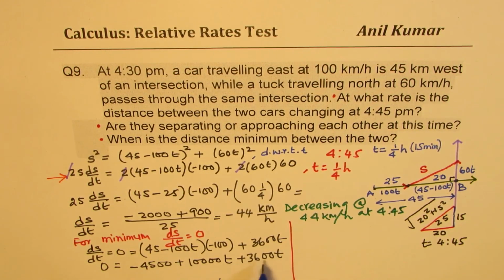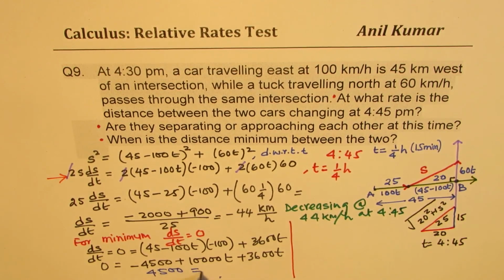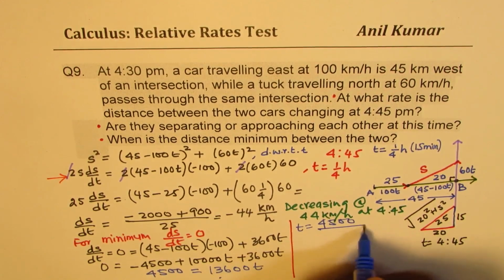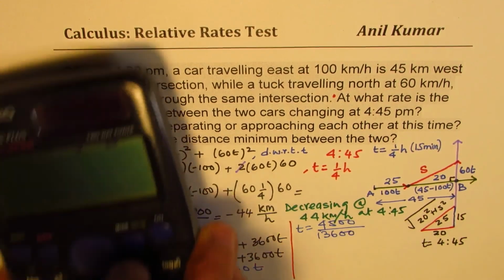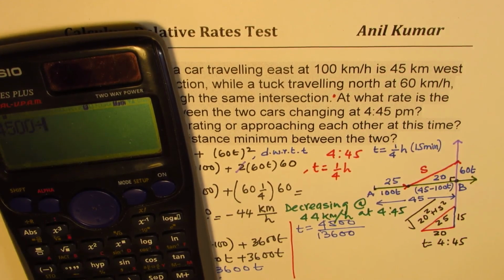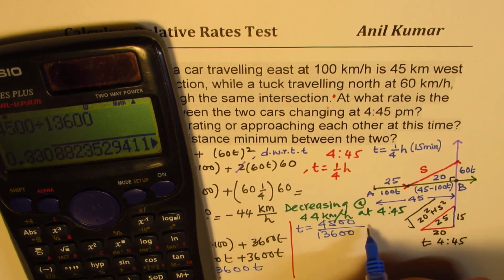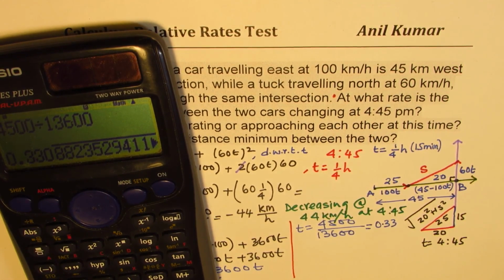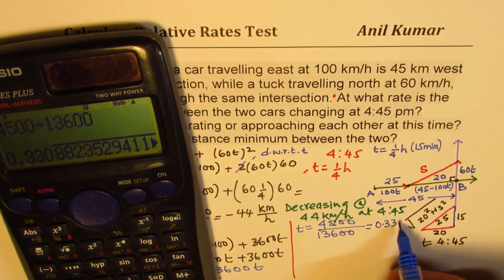So when you add them, you can write this as 4500 equals 13600t. So t is equal to 4500 over 13600. Let's calculate this answer. 4500 divided by 13600 gives you, in decimals, about 0.33 hours.